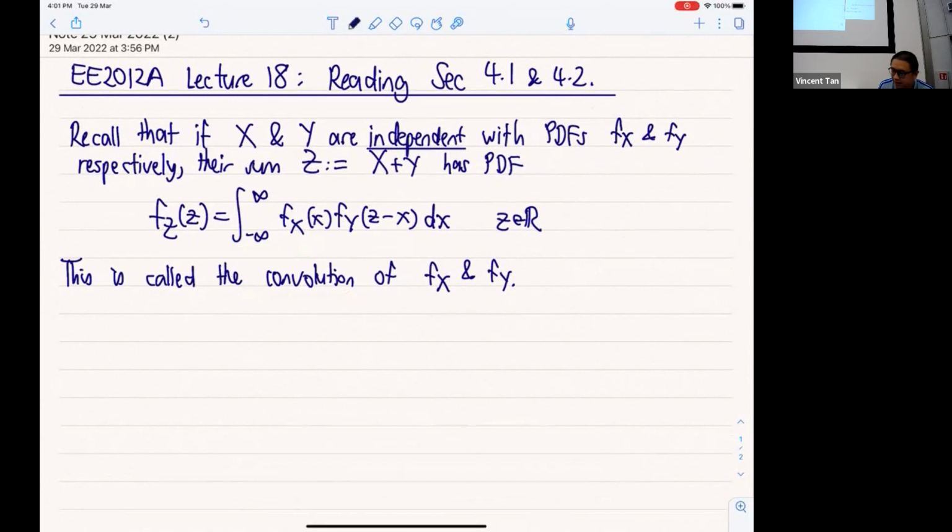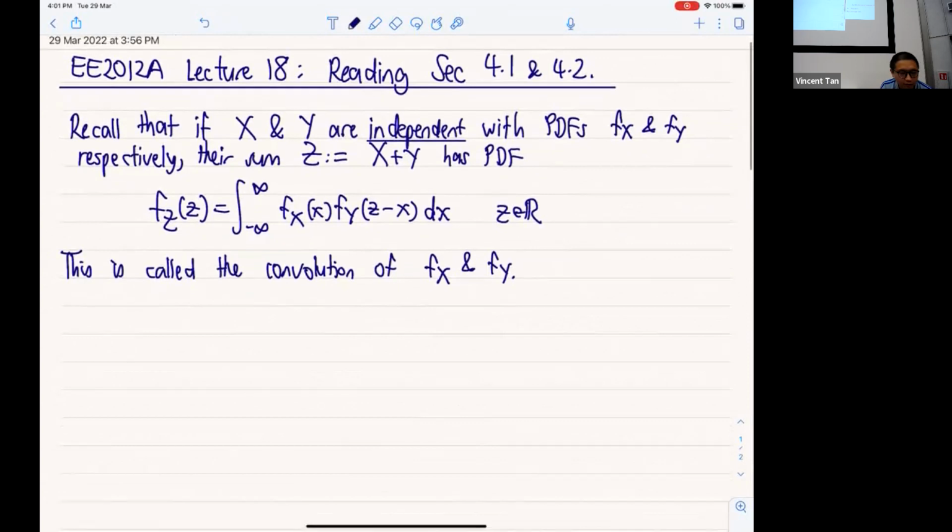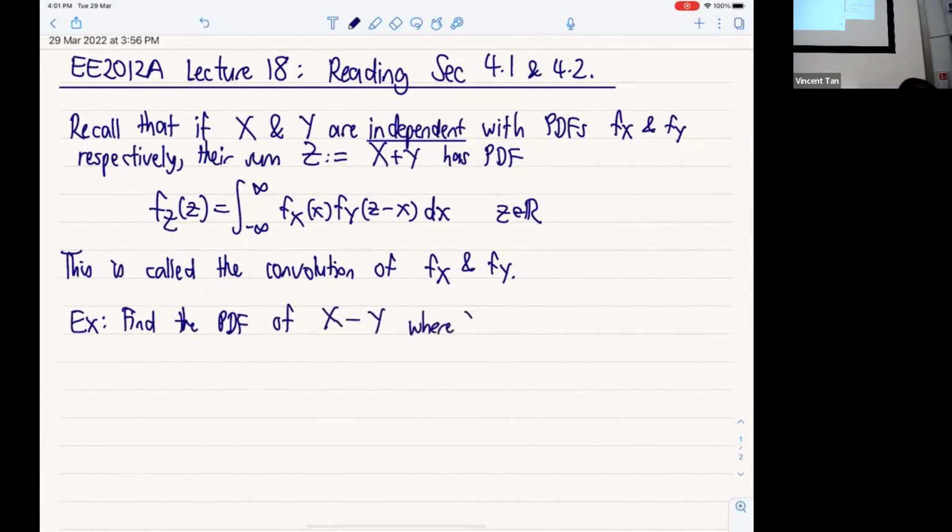Okay, so we have done several examples, but now we will do another example that is a little bit unconventional. This is also in the book. Example. We are going to find the PDF of x minus y, where x and y are independent exponential random variables with rate lambda.